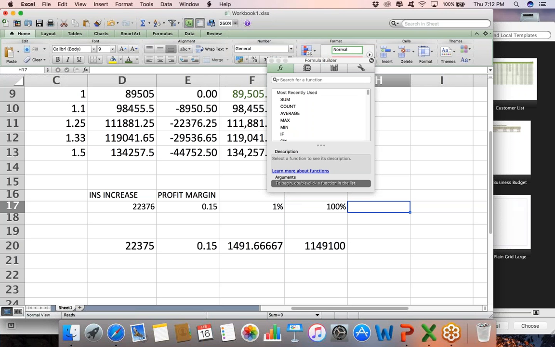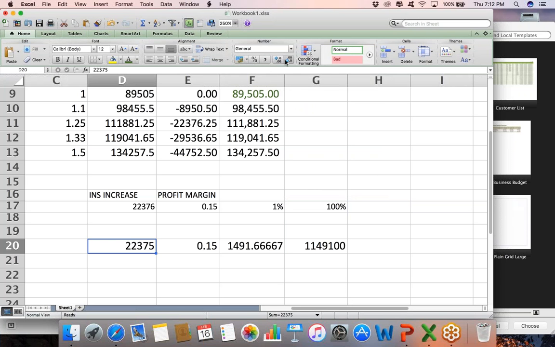So if our profit margin is 15%, stick with me. We need to make up 22,735. Are you with me so far? If we're at 1.25, we need to make up $27,000 to get back to even.